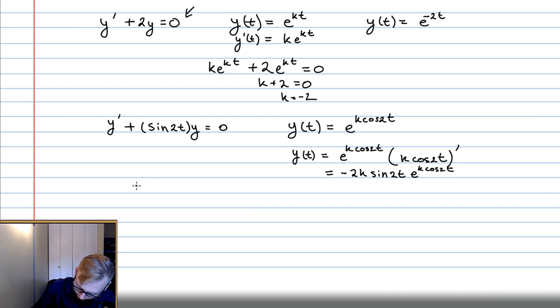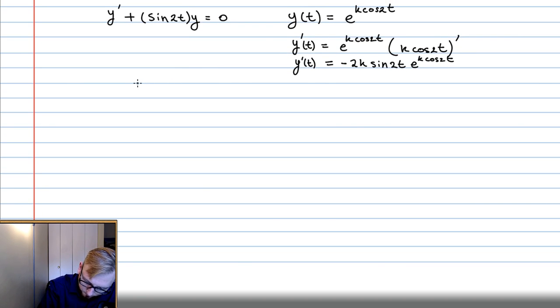And now let's plug it in. So this is our y prime. Then we've got negative 2k sine of 2t plus sine of 2t. Oh, don't forget.